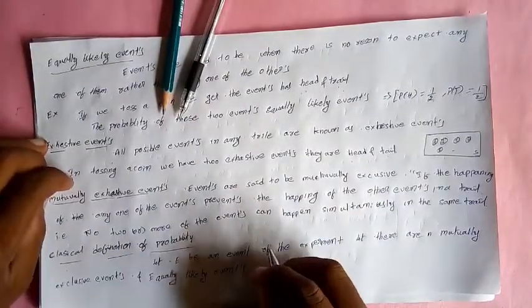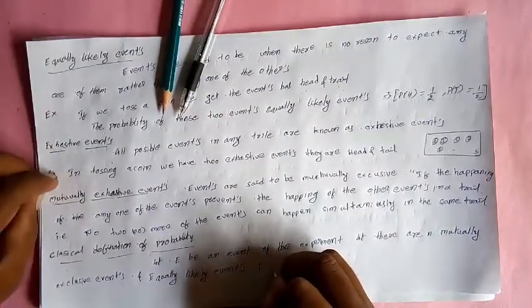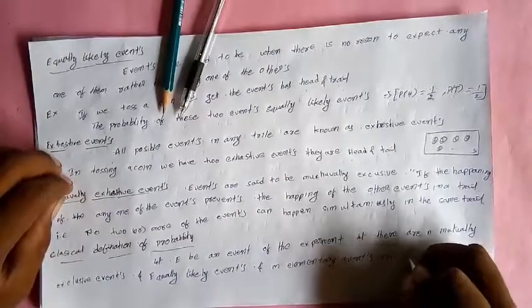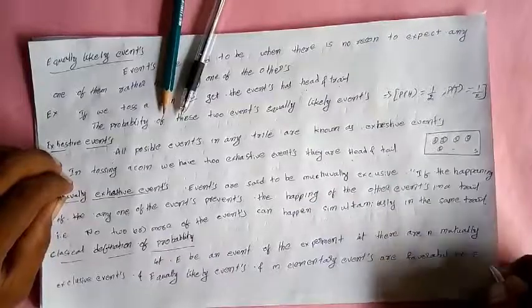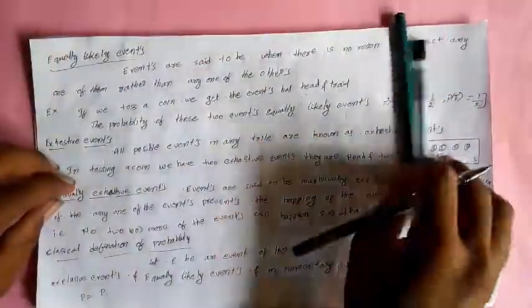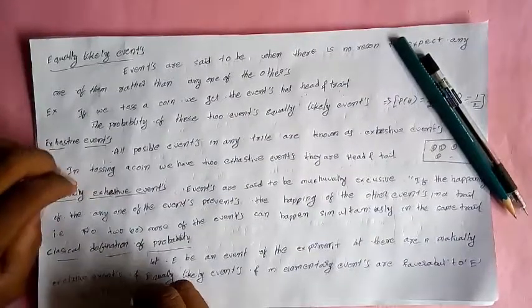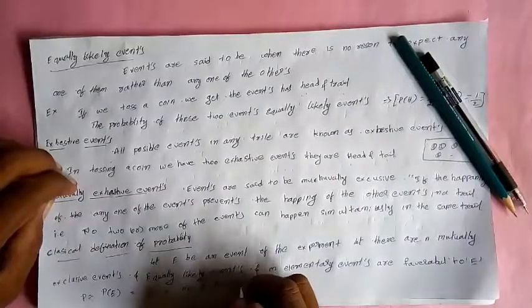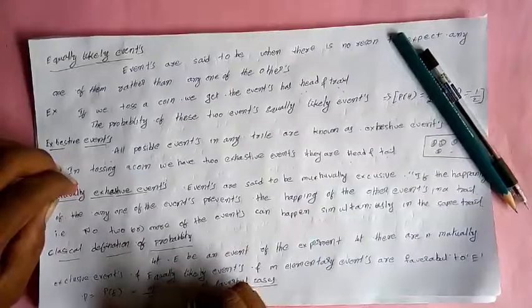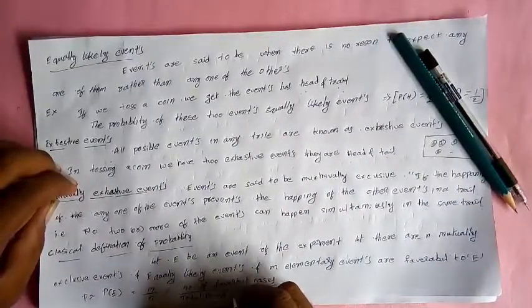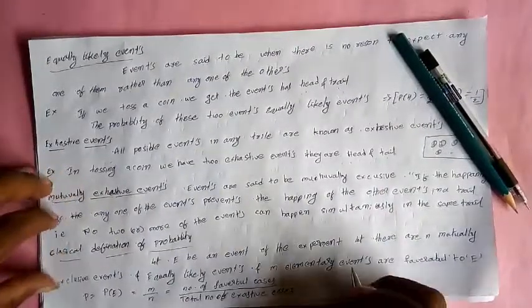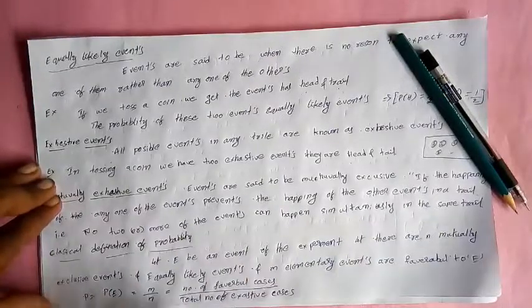And m elementary events are favorable to E. That is, P(E) equals m by n, which equals the number of favorable cases divided by the total number of exhaustive cases.